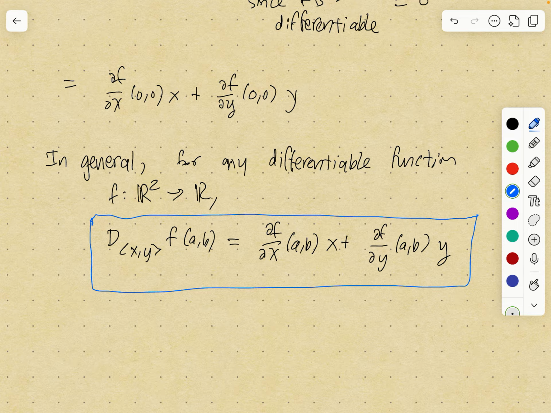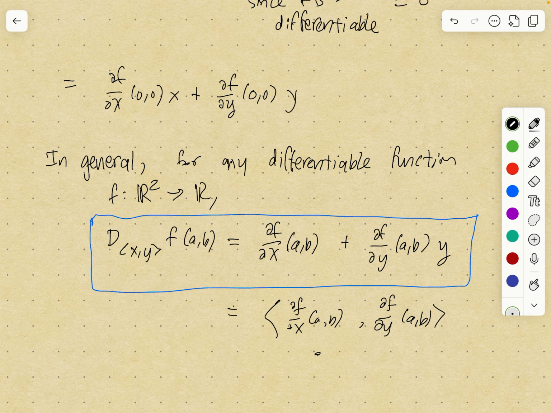So this is an important result because one way to think about this is that this is equal to the dot product of the vector (partial f partial x at (a, b), partial f partial y at (a, b)) dotted with, I keep forgetting this, it should be x minus a, right?